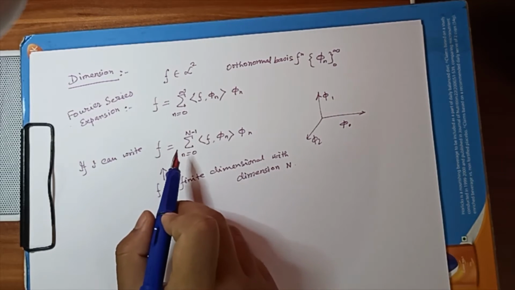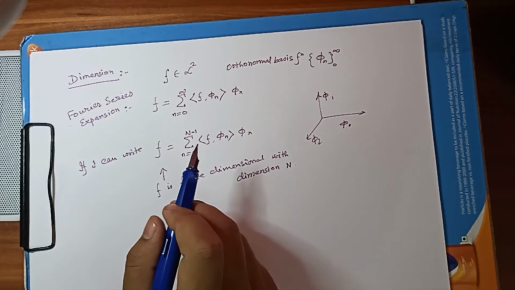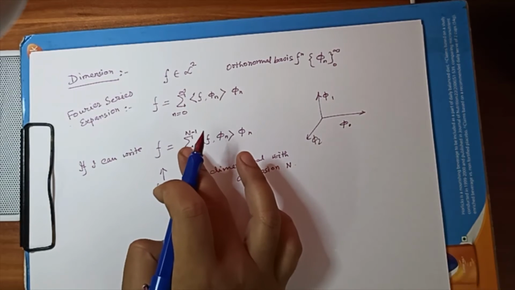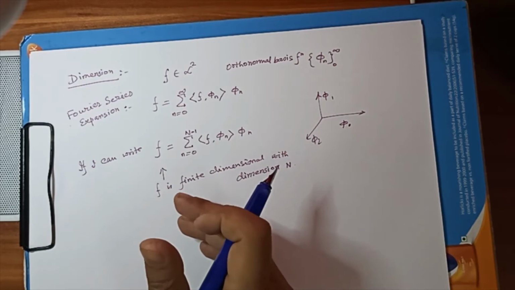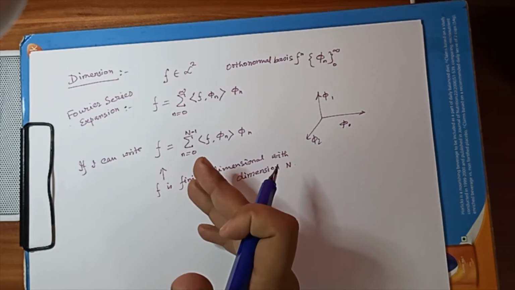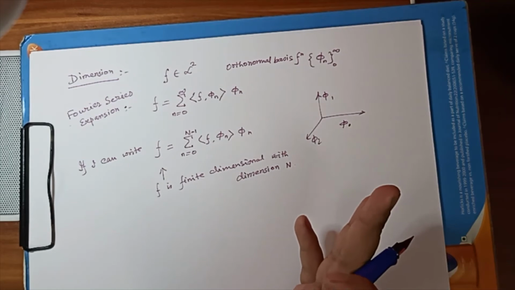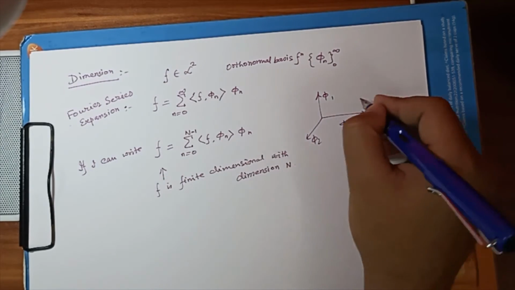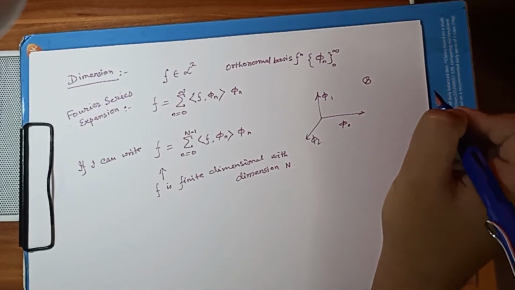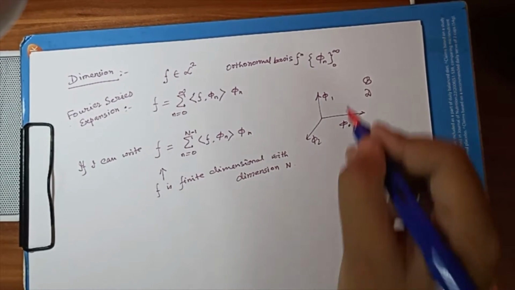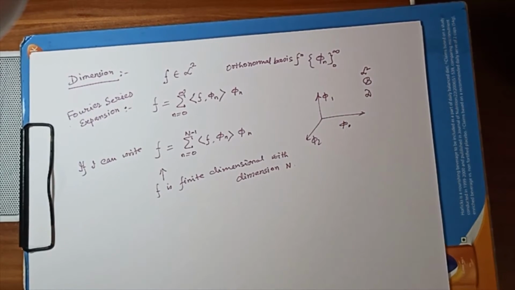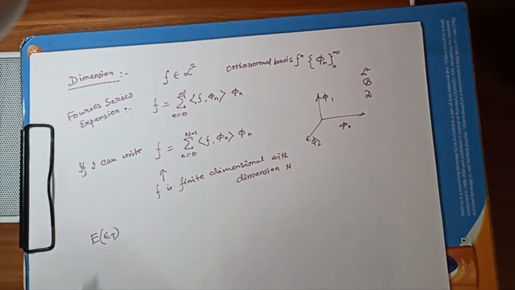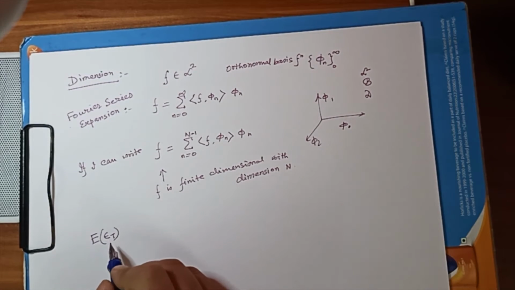That is not possible for time limited functions only, also not possible, because the Fourier series does not truncate at any point. That is not possible for only band limited, because we have seen from sampling that it goes to infinity. So we have seen that B is not finite dimensional, D is also not finite dimensional, L2 is definitely not finite dimensional. But this function space E epsilon T, which is a subspace of B, is approximately finite dimensional.